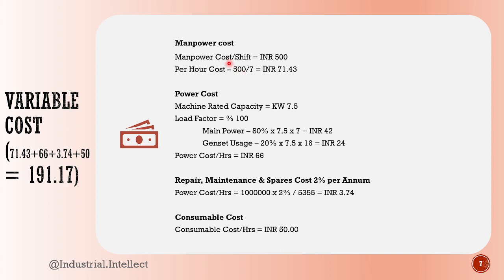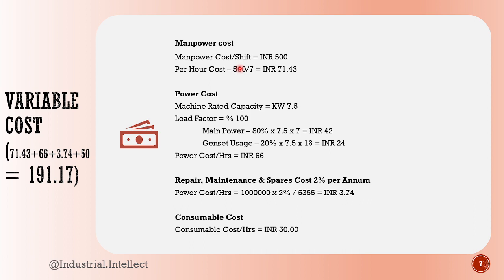So in manpower cost, we consider manpower consumption of 500 rupees per shift. Suppose one manpower I have considered here. If you want to add any supervisor or helper, that also you can add here.